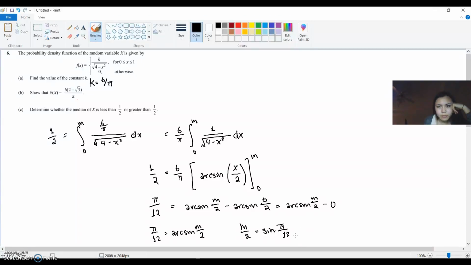And sine of pi over 12 is, oh man, let me check my formula booklet. Is it sine of pi over 6? No. Yeah, it equals sine of pi over 3 minus pi over 4, right? Because pi over 3 is 4 pi over 12 and pi over 4 is 3 pi over 12, and when we subtract that, that's just pi over 12.